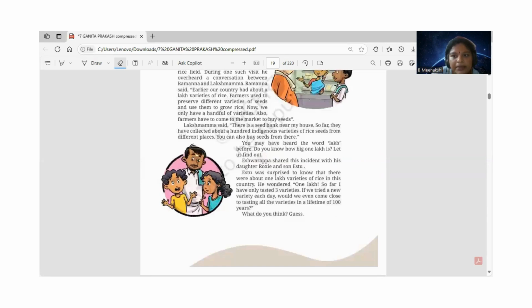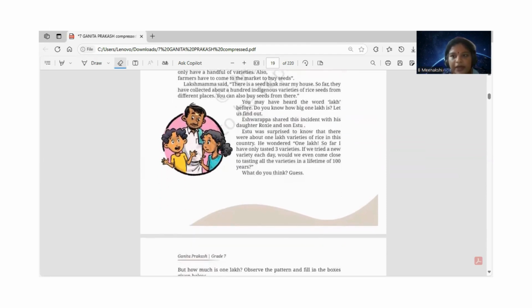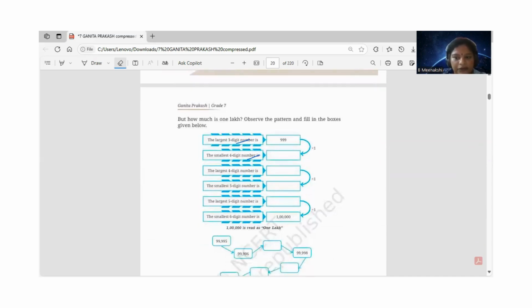We are learning mathematics, class 7 NCERT syllabus. In the last video, we had around 1 lakh varieties of rice, and supposing we eat at least 2 varieties of rice.